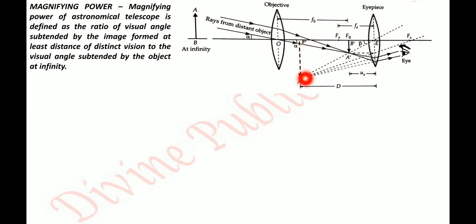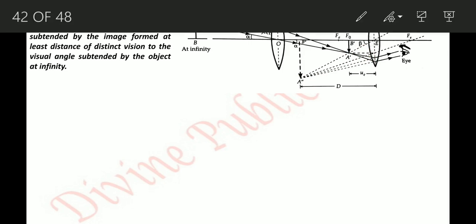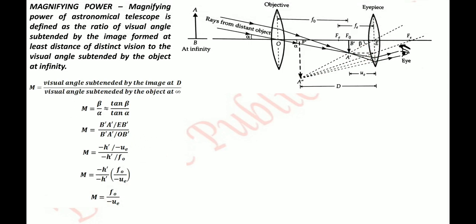Image B double dash A double dash makes an angle beta. So what should we write? M is equal to the visual angle subtended by the image at capital D to the visual angle subtended by the object at infinity. M is equal to beta upon alpha, which is approximately equal to tan beta upon tan alpha.